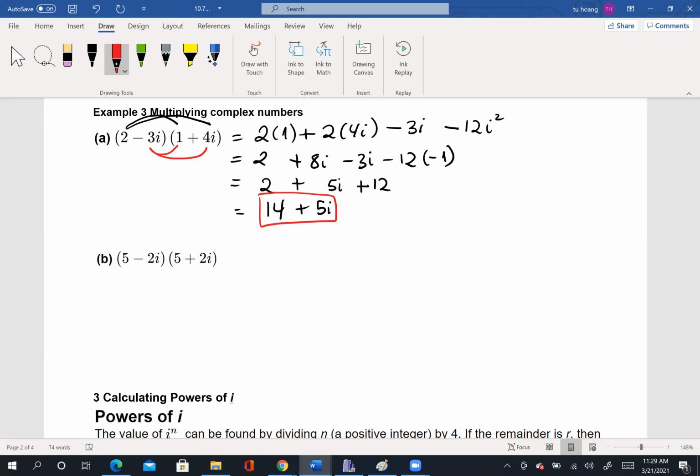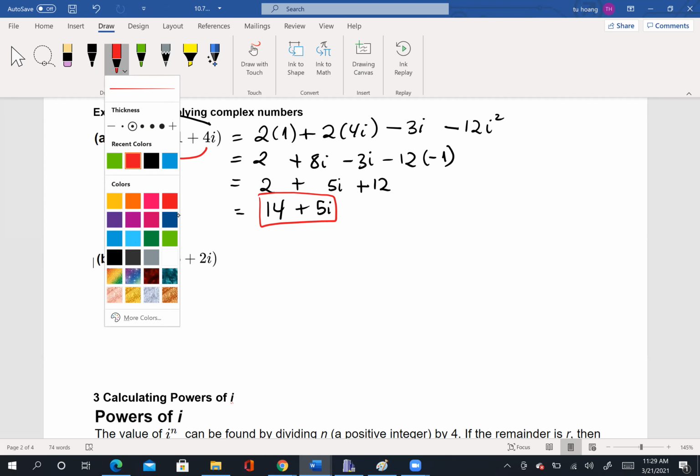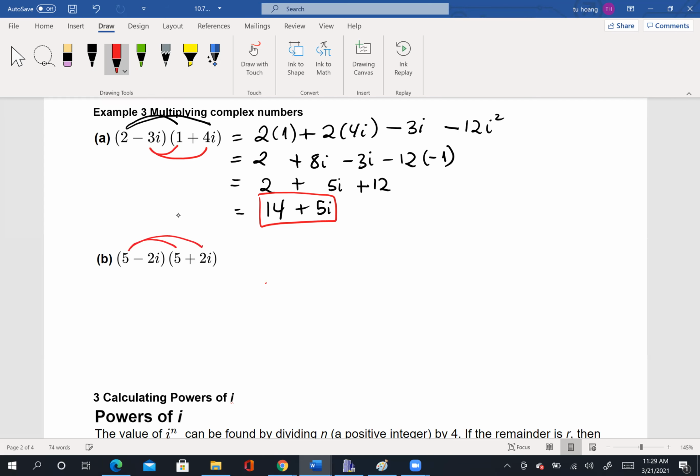Actually, move down here. Okay, so again, I'm gonna follow 5 times 5, and then 5 times 2i. So 25 plus 10i. And then I have negative 2i times 5, and negative 2i times 2i.